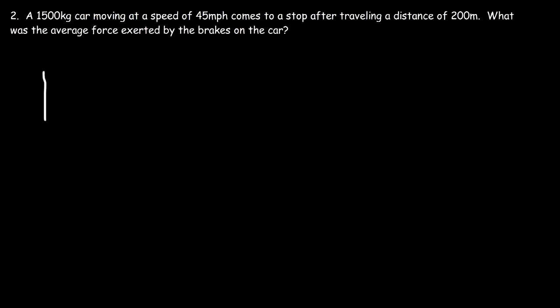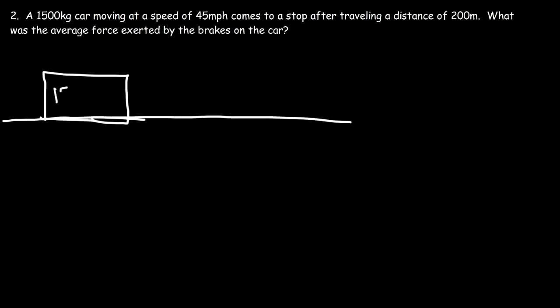So I'm going to use a box to represent the car, because the box is just very simple to draw. And so the mass of the car is 1500 kilograms. Now the car is moving at a speed of 45 miles per hour.